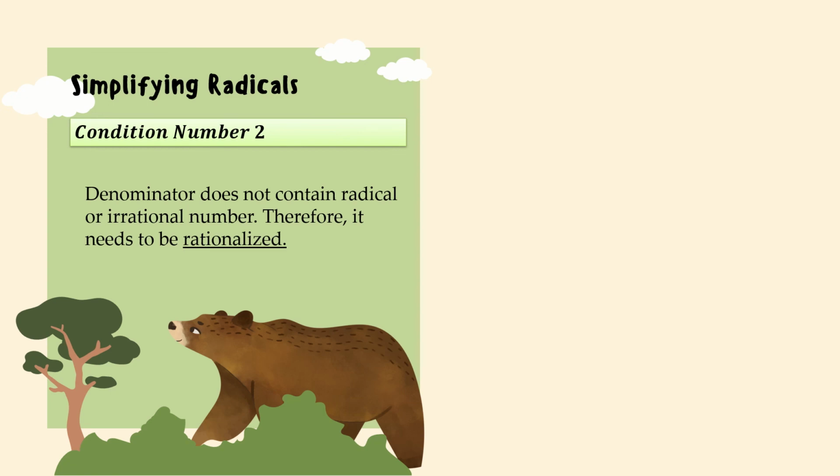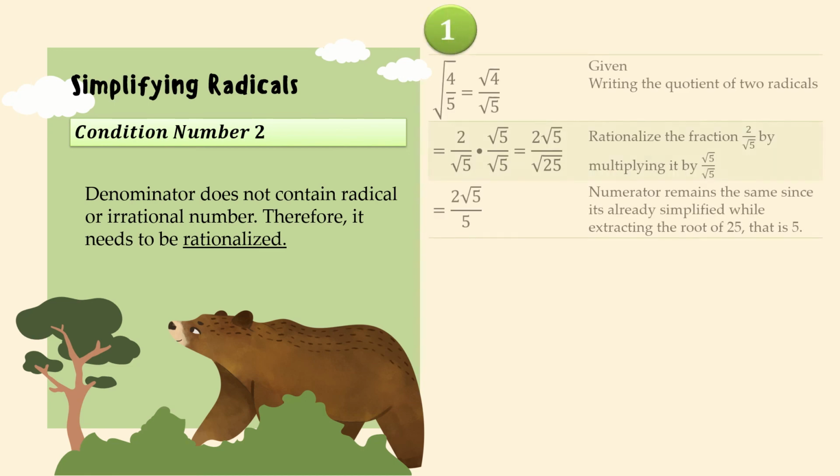Condition number 2. The denominator does not contain radical or irrational number, therefore it needs to be rationalized. The given there is square root of 4 over 5.